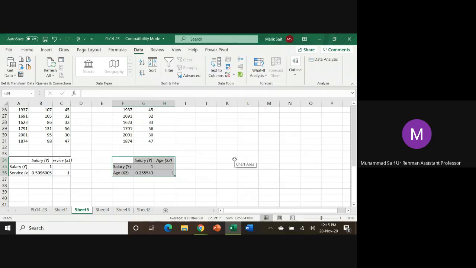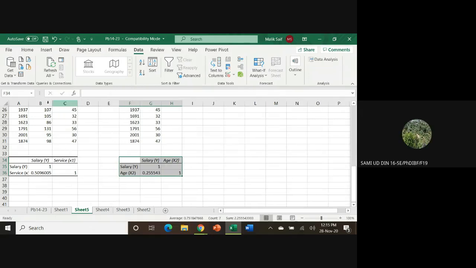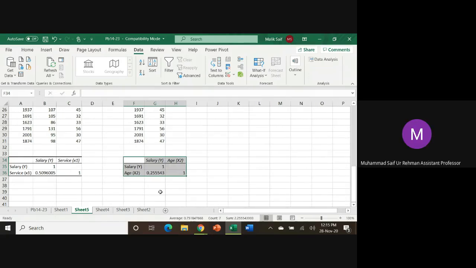It means that you may drop age. Out of these two variables, you may drop age because the relationship of salary and age is very weak. Weak relationship between these two. Okay, you can find this out from here too.